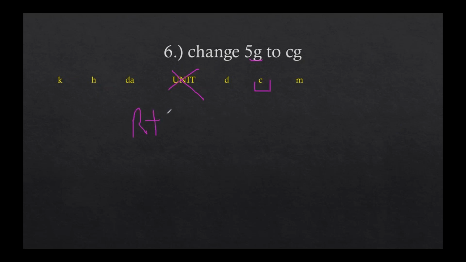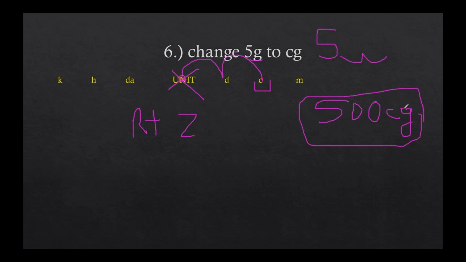So I have to move right. Starting on the unit, I go right 2 places. So if I start with 5, 2 places to the right gives me 500 centigrams. Is everybody okay with working within the metric system? Good. Okay.